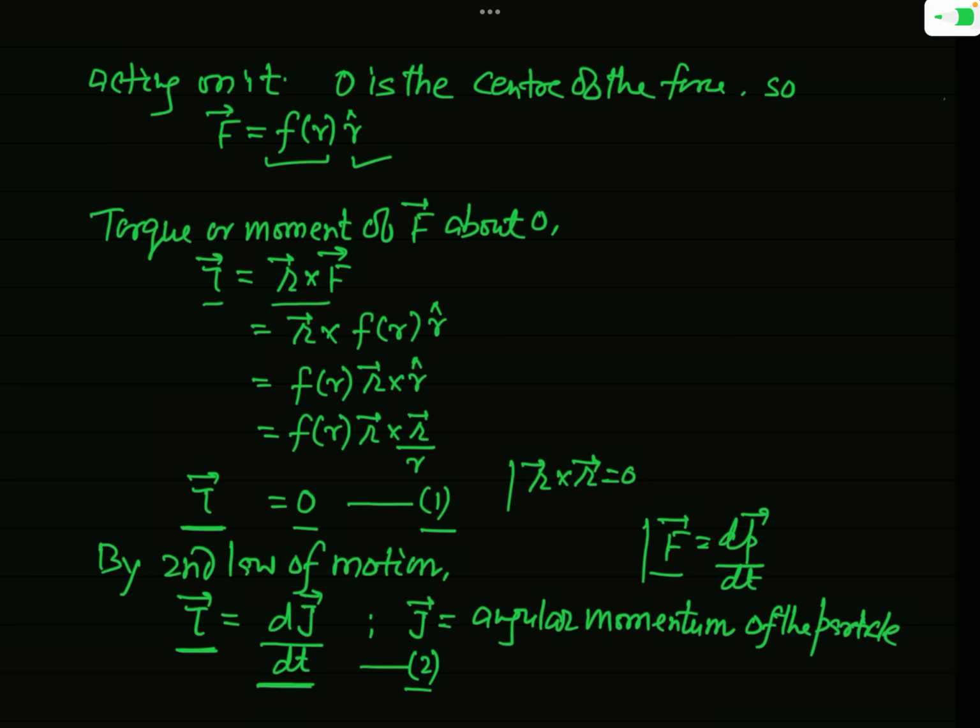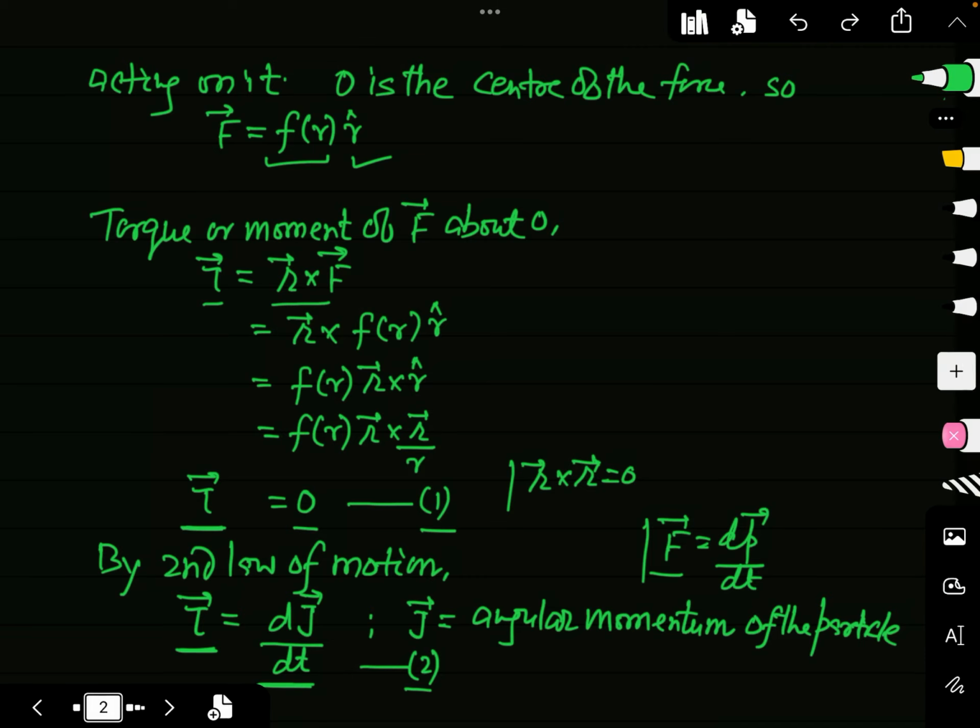So you can equate these two equations and write from equation 1 and 2 that dj by dt is equal to 0. And if dj by dt is 0, j will be equal to a constant, because the derivative of a constant is 0.